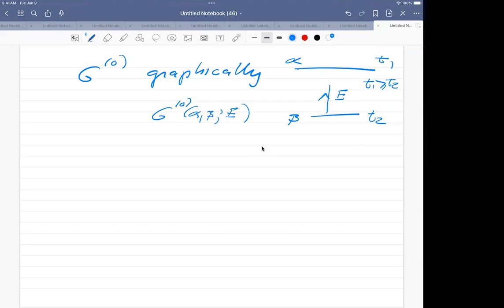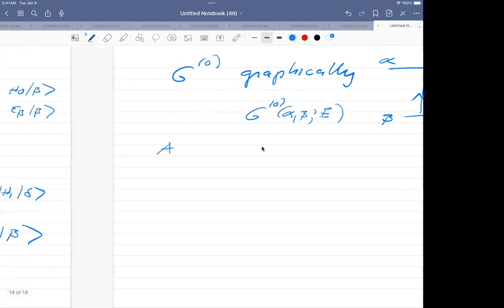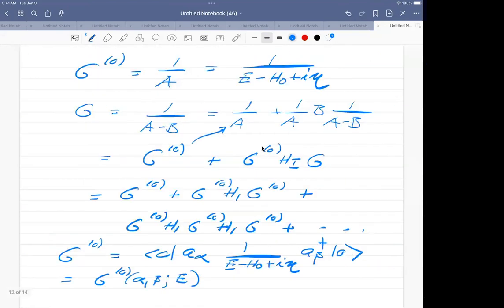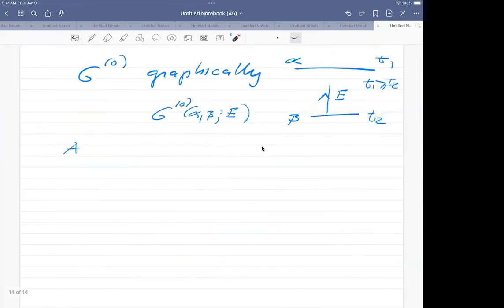If we look at the second order process, and this is something which brings us back to the expression which you see here, this one, we can represent that diagrammatically as well. So for the one-body case, this would look as follows. So let me just conclude the arrow here. So a second order term has the following graphical representation.